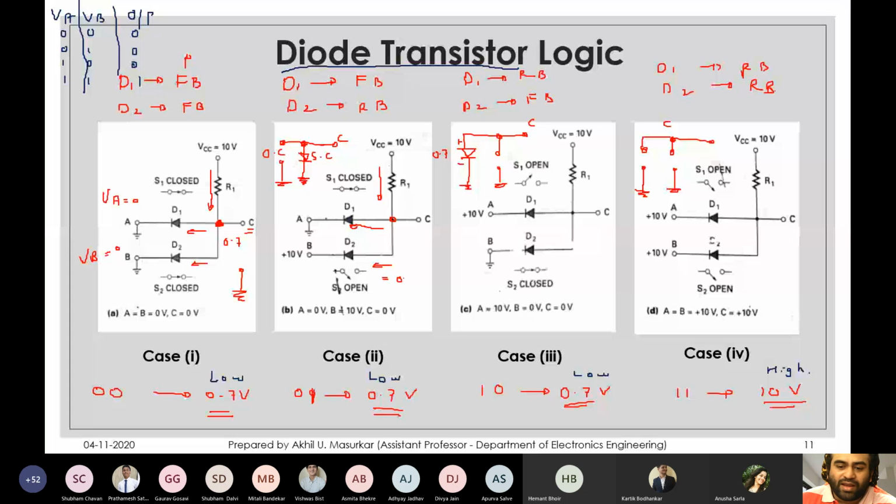Okay, so should we go ahead or do you want me to wait? Asmita, you are done drawing or you want me to wait? Yes, sir, done. Okay, still I'll wait for a minute or so that everybody copies it.